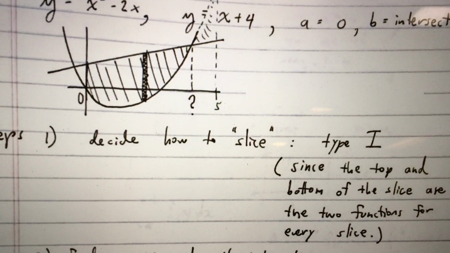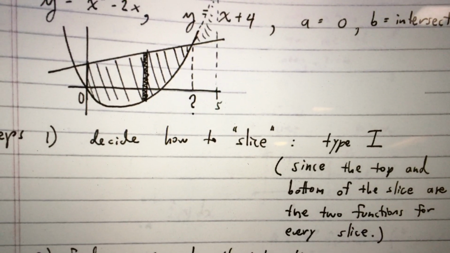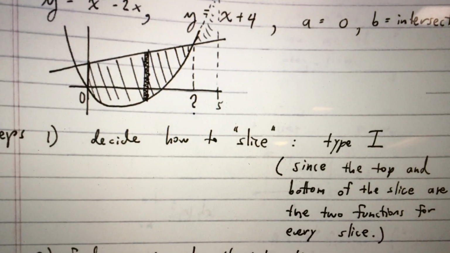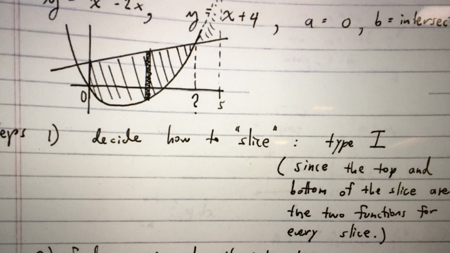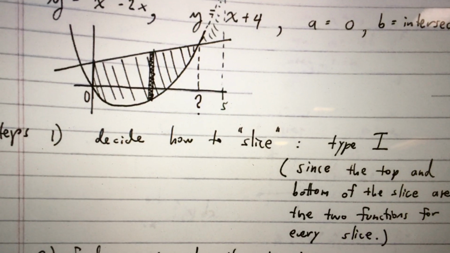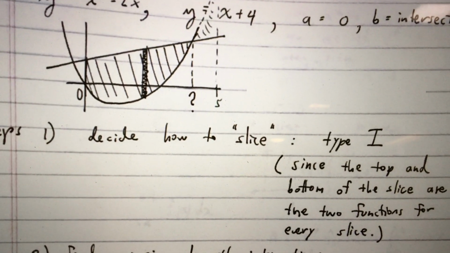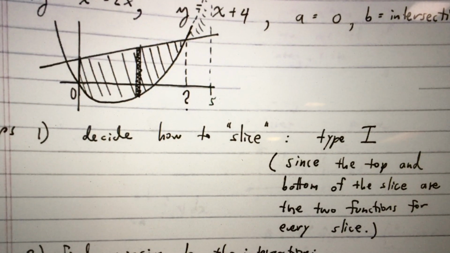Some horizontal slices would have a vertical line on the left and a curve on the right. Other horizontal slices, like at the very bottom, close to the vertex, would have the curve on the left and the right. And then at the very top, some of them would have the straight line on the left and the curve on the right. But it would not work to try and set it up as a single integral. So this is type 1.